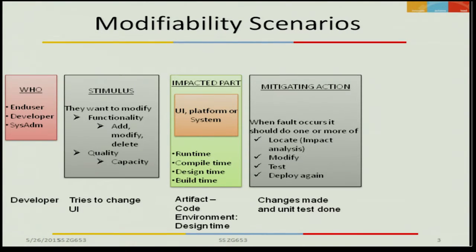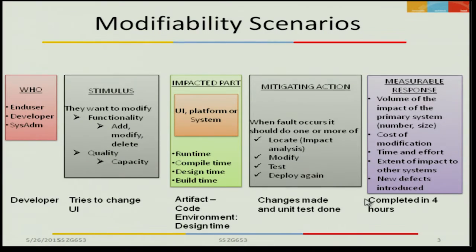Any of these are possible actions. In this example, the action being taken is unit testing. And what are the measurable responses?